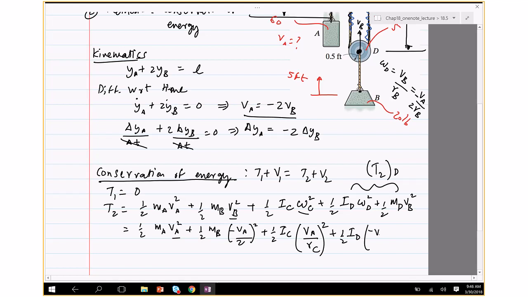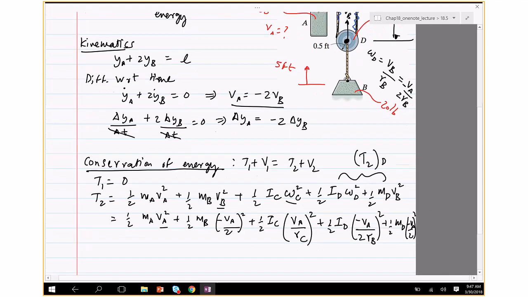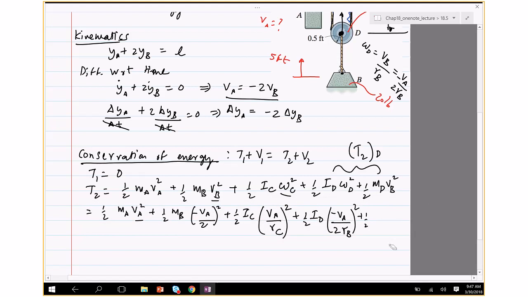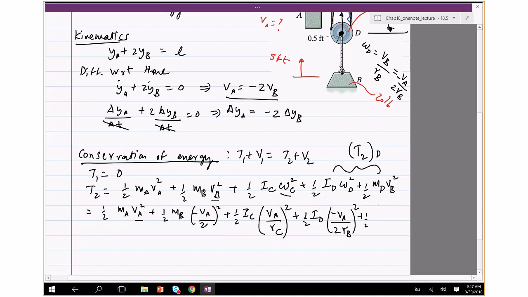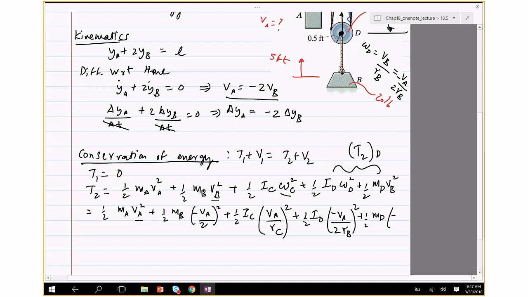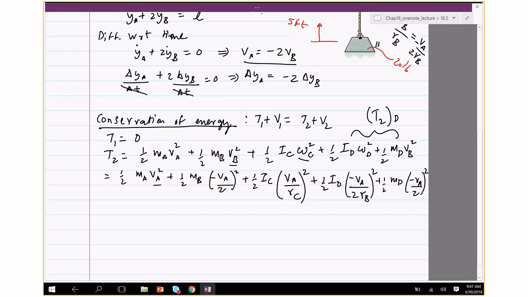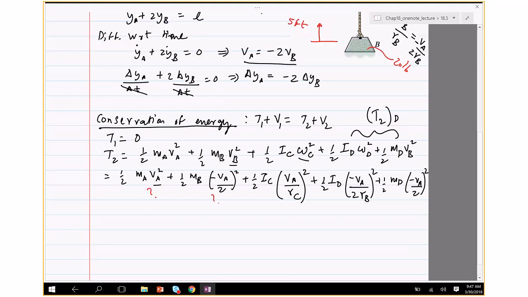So negative velocity of A divided by 2 RB, all squared, plus half MD times negative VA divided by 2, squared. Okay, so in this equation the only unknown is VA.